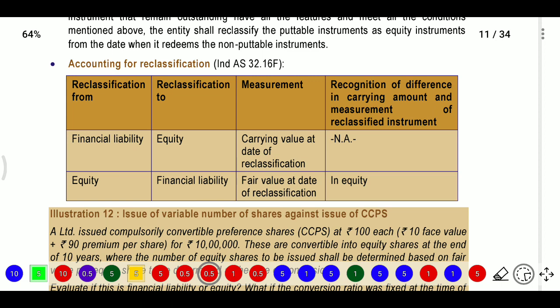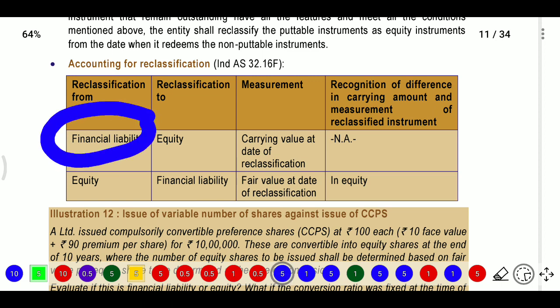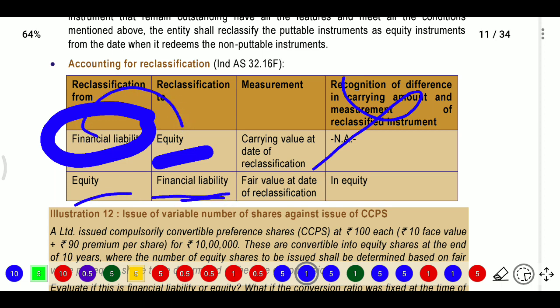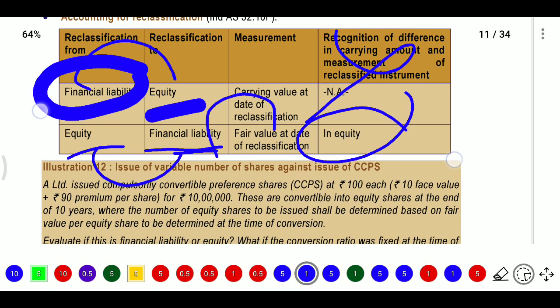Firstly, the financial liability: it becomes equity at the carrying value at the date of reclassification, and no recognition is applicable. When equity becomes a financial liability, it is at fair value at the date of reclassification, and we need to recognize the difference in equity.